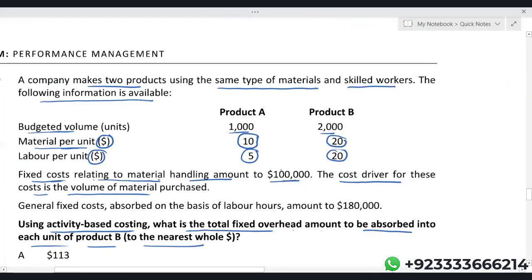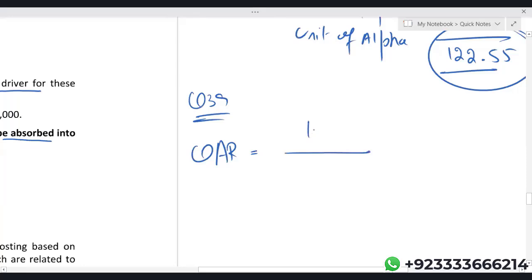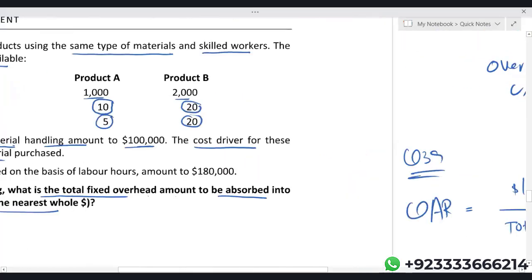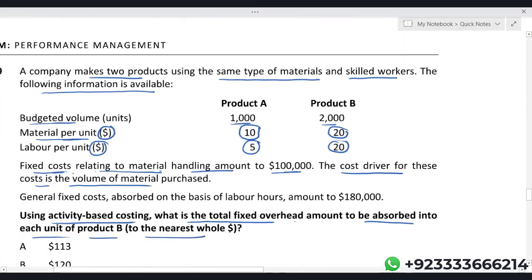Material handling is 1 lakh. But this time, this $100,000 will be divided by total purchases of material. Fixed cost relating to material handling is $100,000. The cost driver is the volume of material purchase.